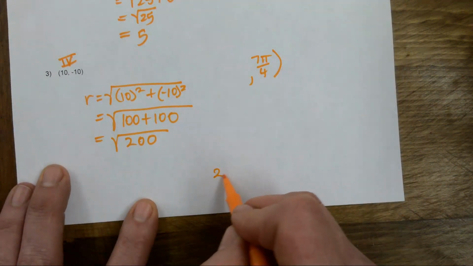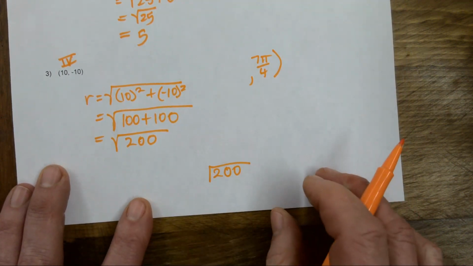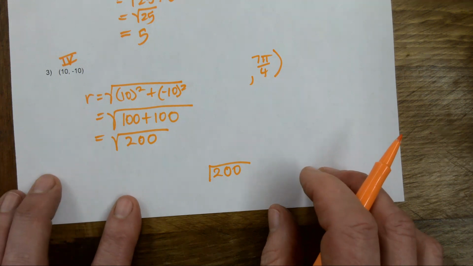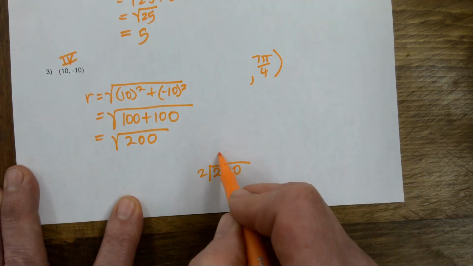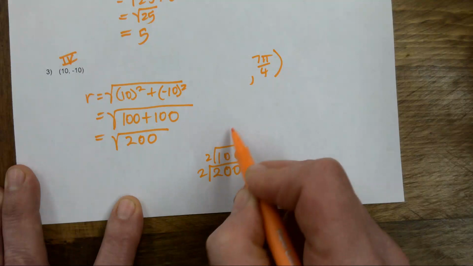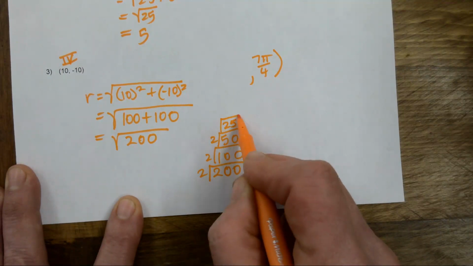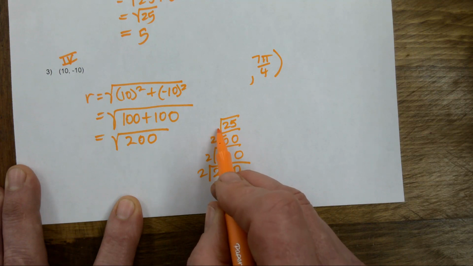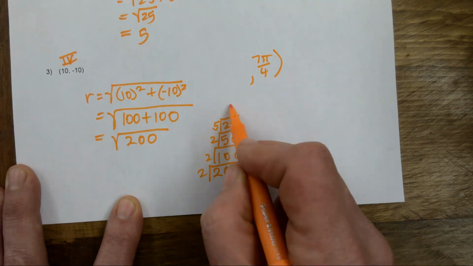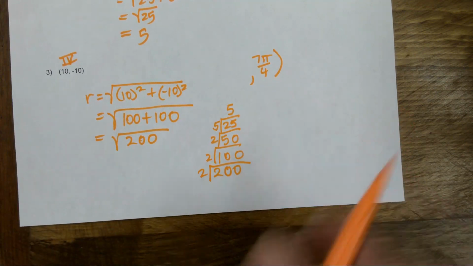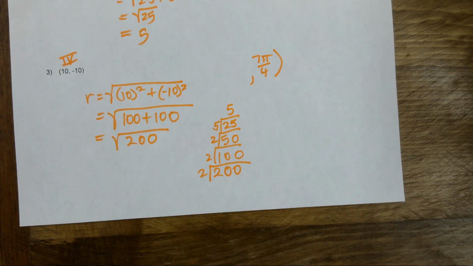Again, some of us have calculators that'll break that down for us. The rest of us will have to break it down ourselves. Divide by 2, divide by 2, divide by 2. 2 doesn't go in, 3 doesn't go in, 5 does, and I work my way through up like that. And then I take out the pairs.